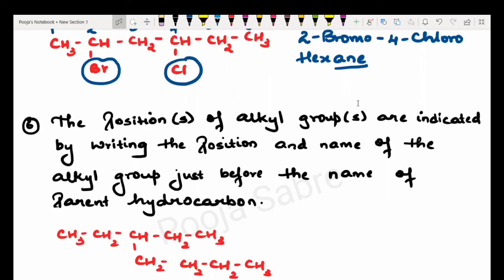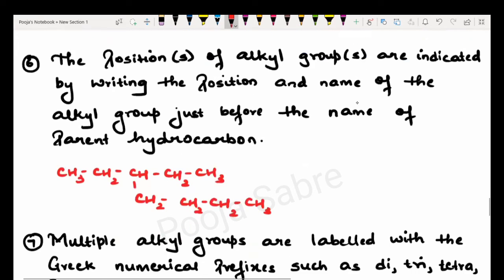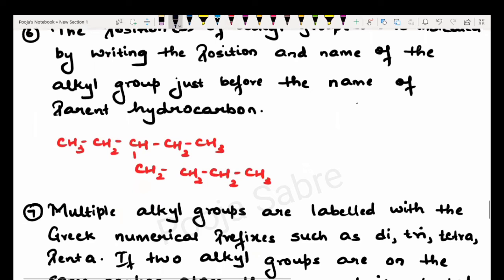The position of alkyl group are indicated by writing the position and name of the alkyl group just before the name of parent hydrocarbon. If I look into the below example, the numbering will start from 1, 2, 3, 4, 5, 6, and 7.